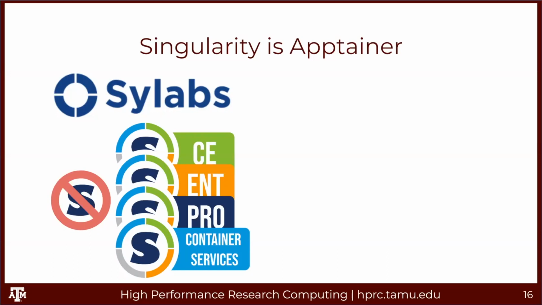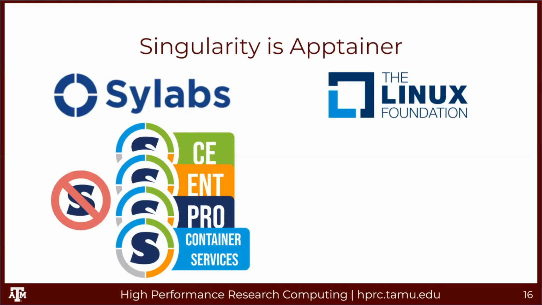But wait a second, the Linux Foundation heard someone say the word free. CE here stands for Community Edition. That's the free version of Singularity. So the Linux Foundation is like, did someone say free? Don't mind if I do. They have a fork, which is Git language for an identical copy, but it's named Apptainer because it's not related to Sylabs making money.